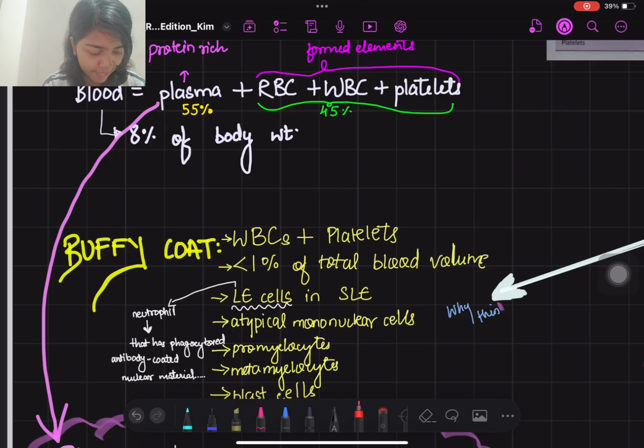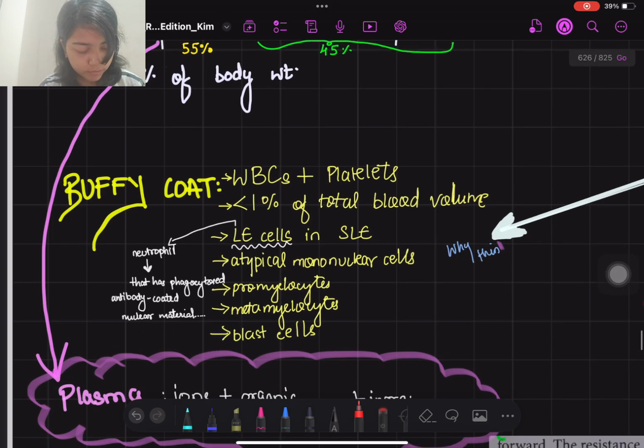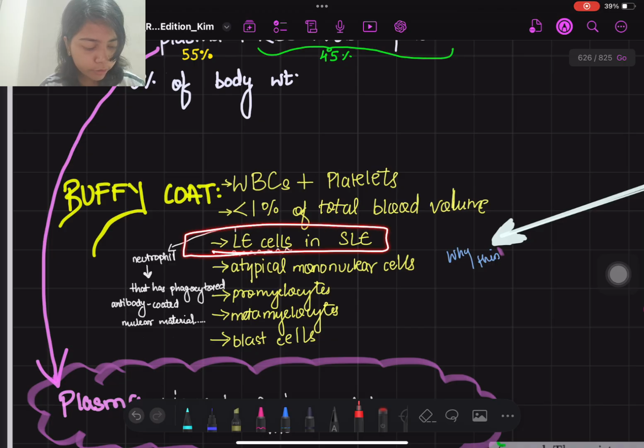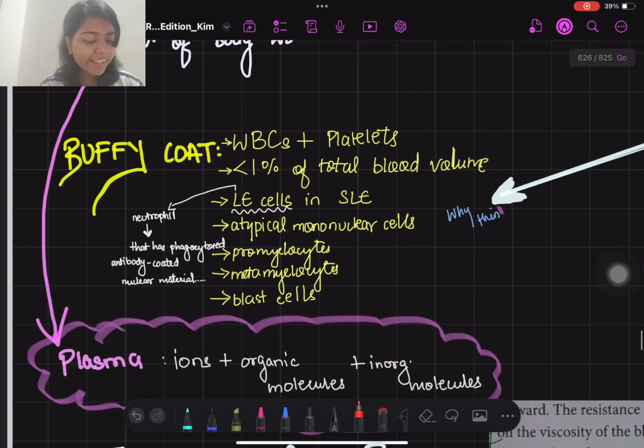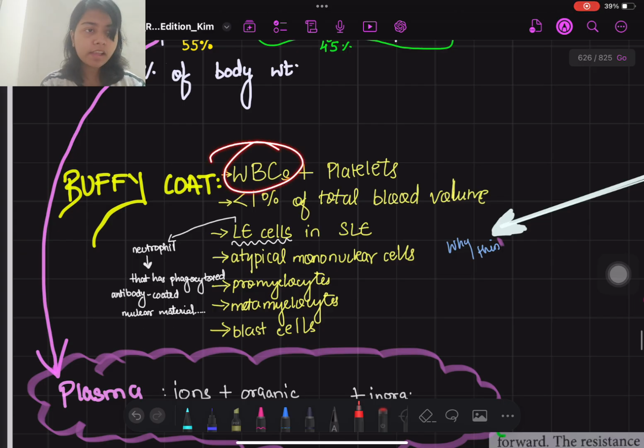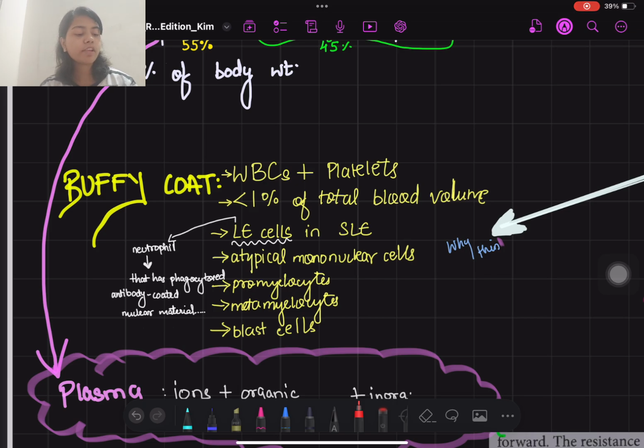Another thing I want you to pay attention to is LE cells in SLE. SLE is systemic lupus erythematosus. It is an autoimmune disorder. WBCs are basically made up of neutrophils, lymphocytes, monocytes, eosinophils and basophils. One of them is the LE cell.